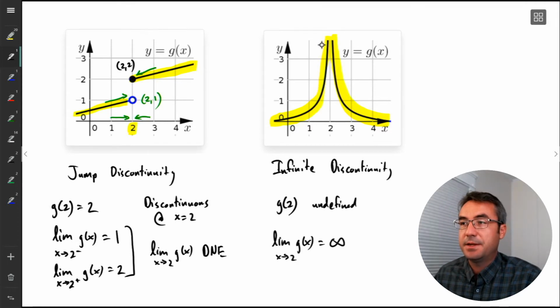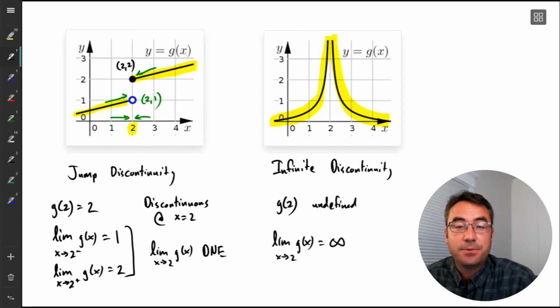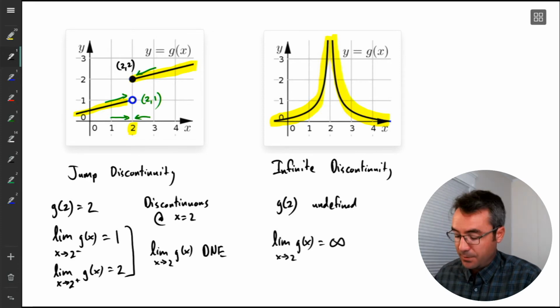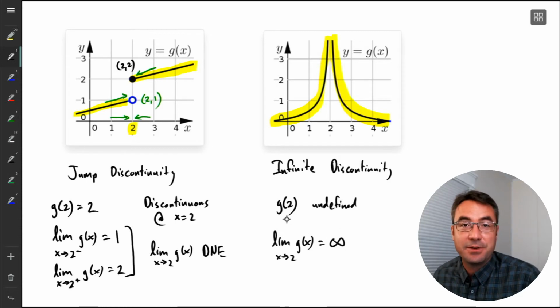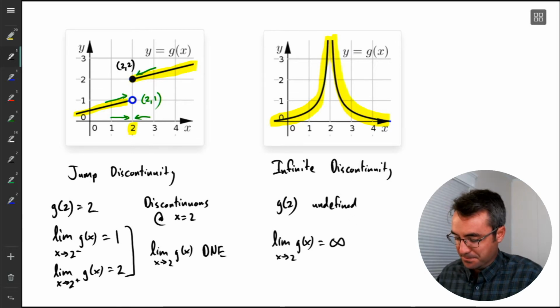The left-hand limit is going up to positive infinity. The right-hand limit is going up to positive infinity. So the overall limit, we say, is equal to infinity. So we have an infinite limit, which technically does not exist. So the limit does not exist. Our function value does not exist. No way is this thing continuous.